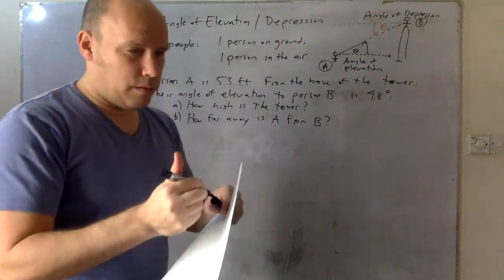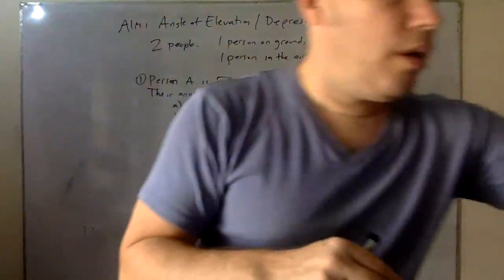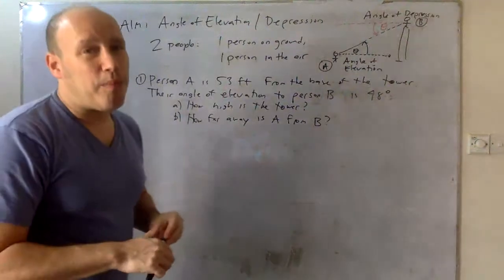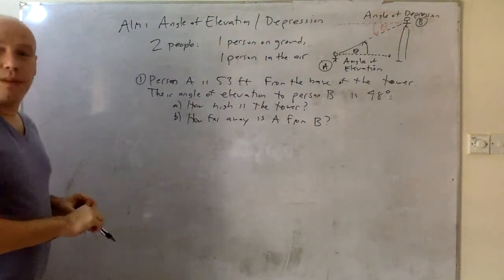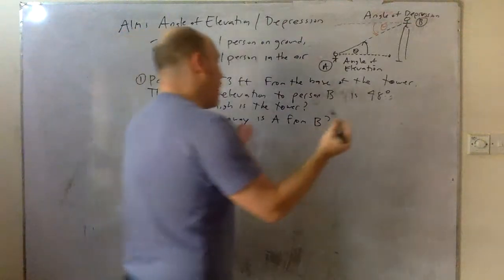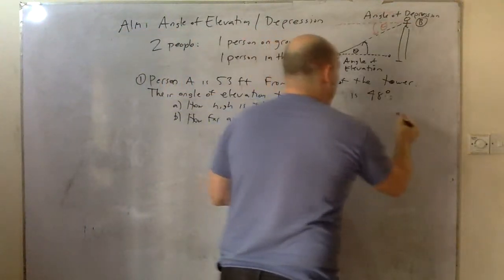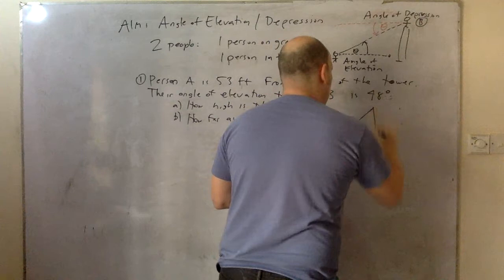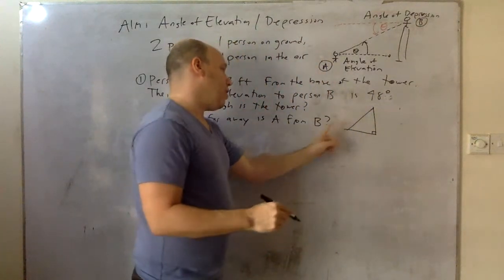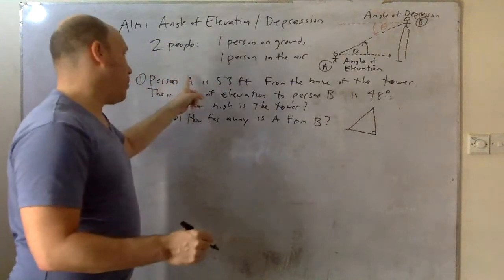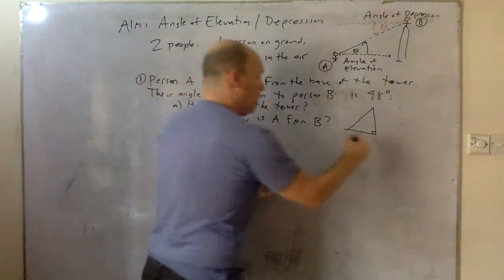Okay, well, let's take it to the side. The other colors are not showing up well, so I'm going to use my black. So we can redraw the diagram here. It's a right triangle. And over here, what am I told? I said person A is 53 feet from the base.